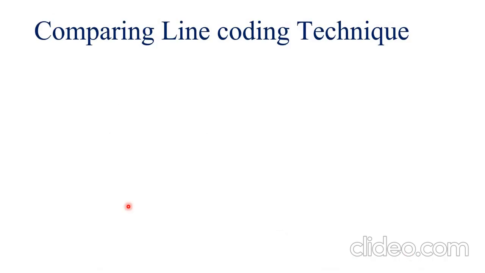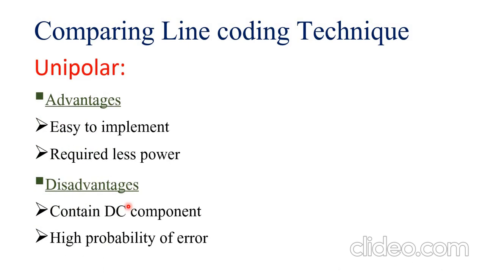So based on all these parameters, we'll be comparing line coding techniques now. Let us take the first line coding technique, that is unipolar. I will explain this by comparing it based on advantages and disadvantages, so it will be more clear.